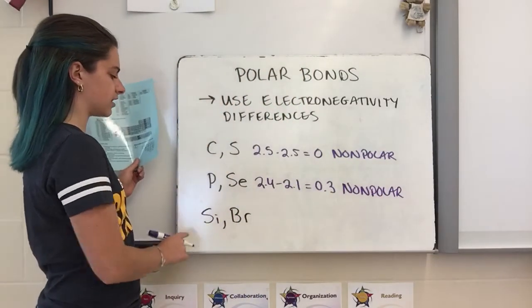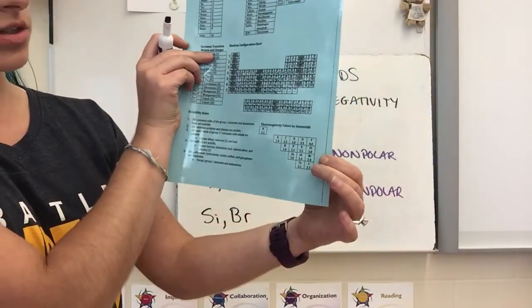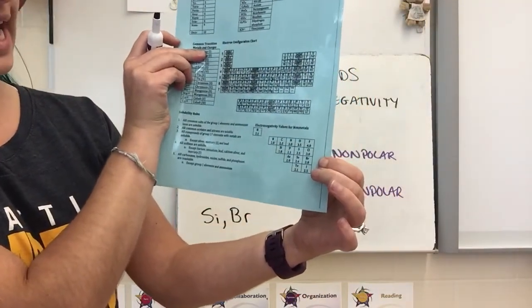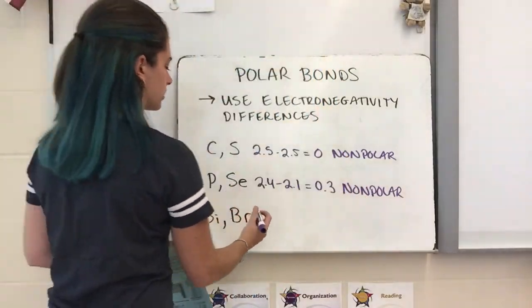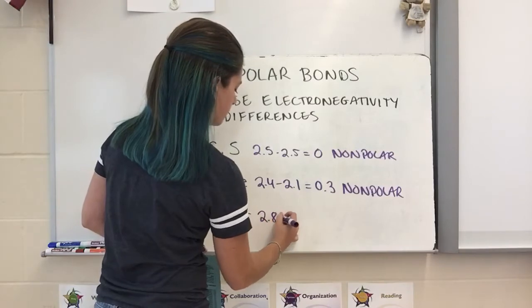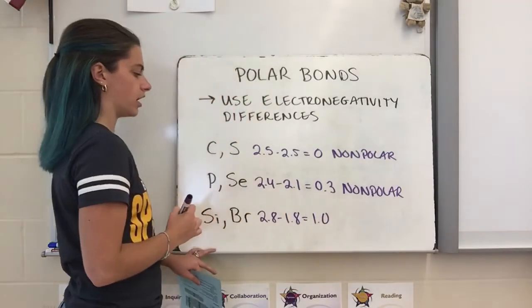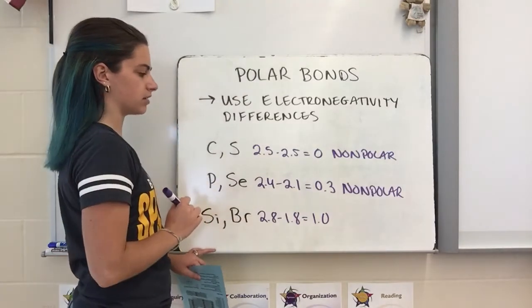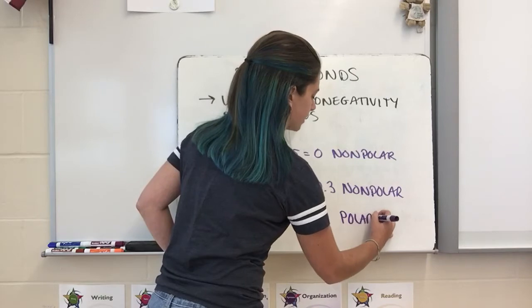And then finally, I have silicon and bromine. If I look up those two values on my table, silicon is 1.8, bromine is 2.8. So if I subtract 2.8 minus 1.8, I get a difference of exactly 1. This value is bigger than 0.5, so that makes it a polar bond.